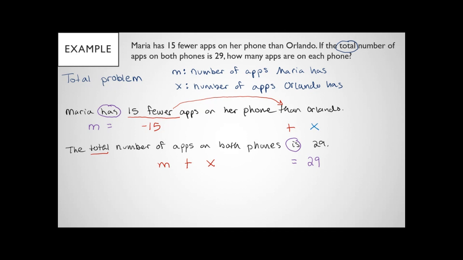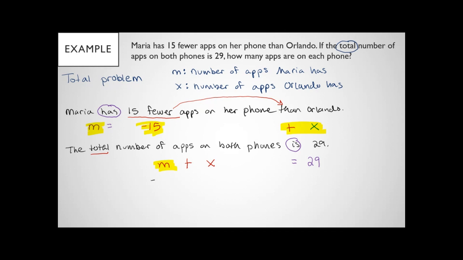So now we're going to do the same trick that I did in the previous problem, because we have two equations here. So I know that M is equal to negative 15 plus X. So I can replace M in my other equation with negative 15 plus X. So I'm going to rewrite this here.